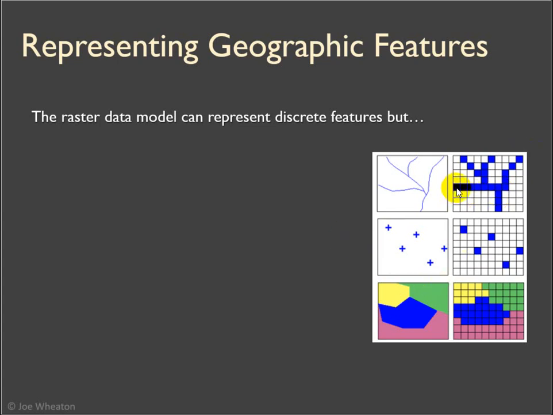So, for example, it's very common to map streams with a raster, but the cell size can't be taken as the stream's width. The stream could be the Mississippi River, which can be miles across, or maybe it's a mountain stream that's 4 feet across. Well, if this is a 30-meter raster, that means that the cell is 30 meters across, and now we're representing a mountain stream as something that has a width of 30 meters. So you have to be very careful.